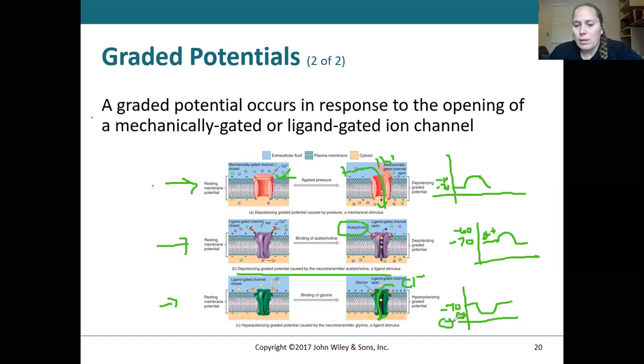So maybe you get down to, let's say, -80. These changes are negligible. You don't have to memorize the numbers I'm mentioning. I'm giving you numbers so you get a sense of which direction the bumps are moving. I'm not saying that a glycine receptor hyperpolarizes a cell to -80. Not necessarily true, but I'm giving you numbers so you have a relative understanding of which way the bumps are moving, up or down.